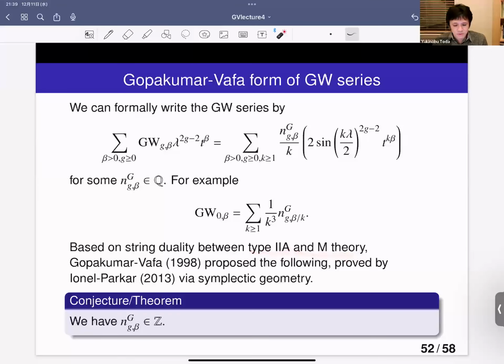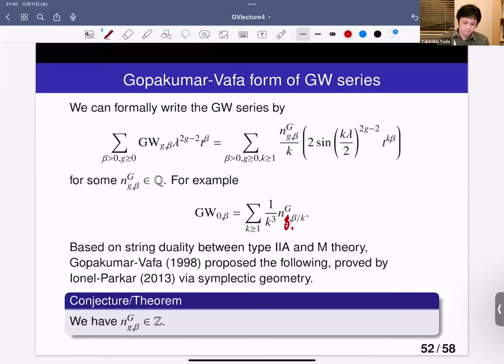But the point is that it is always possible to write the left-hand side in terms of this right-hand side, but for some rational numbers n_{g,beta}. For example, when g equals 0, this formula says that the genus 0 Gromov-Witten invariant is given by this multiple cover formula.